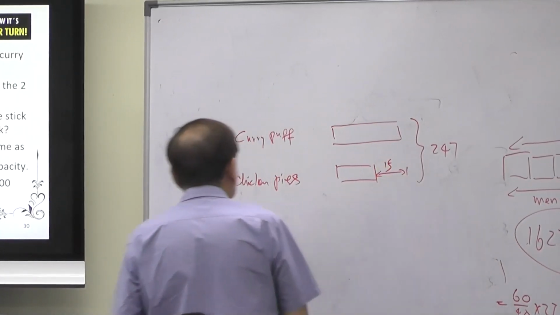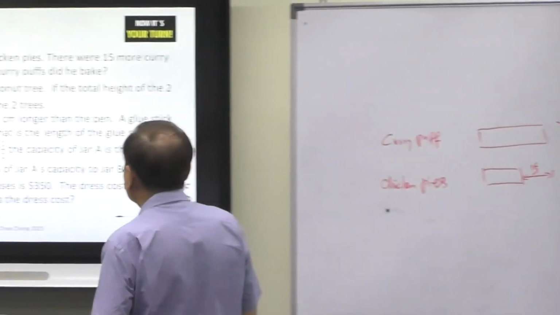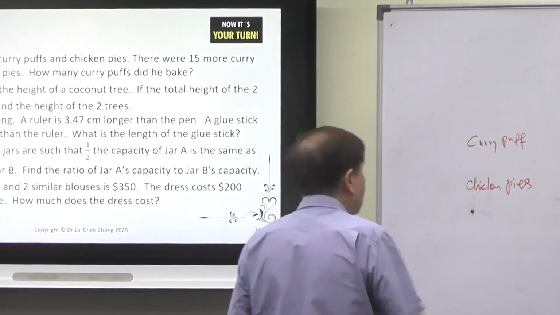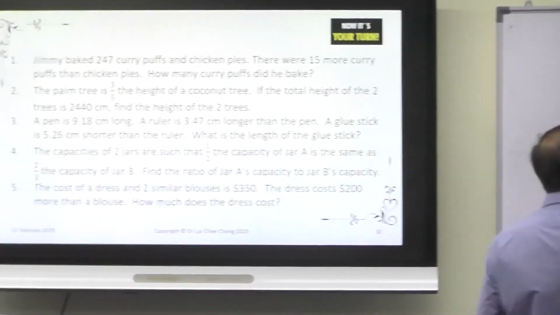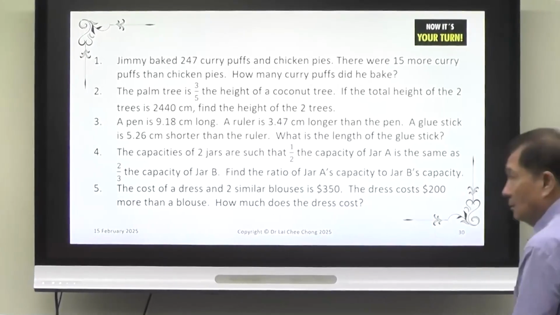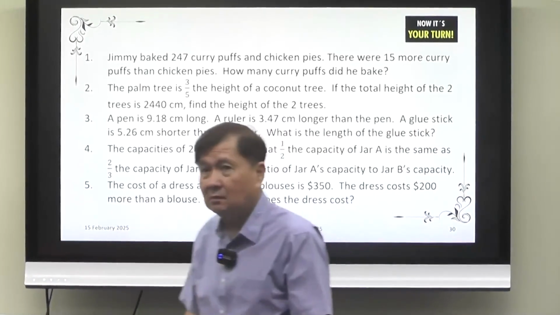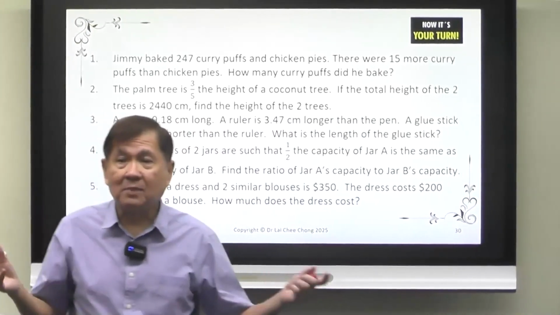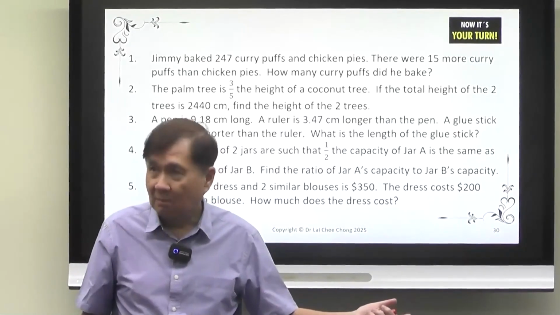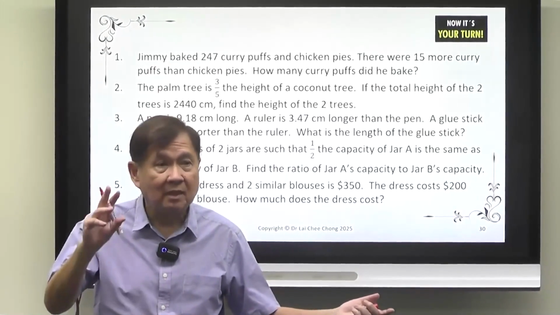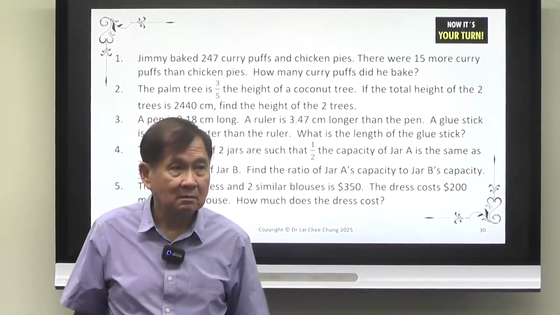So, how many curry puffs did he bake? Oh, okay, I want to know this one here. Once you draw this bar model, the answer is quite simple already. Am I right to say that? Yes.